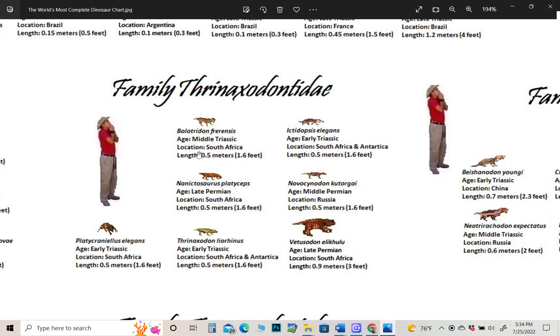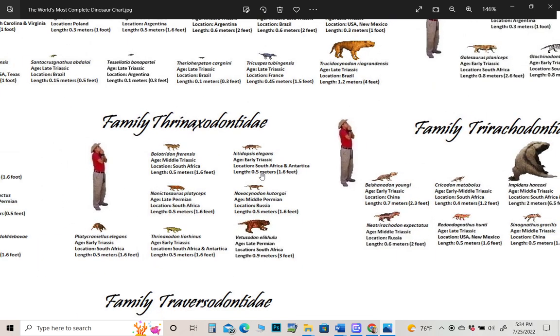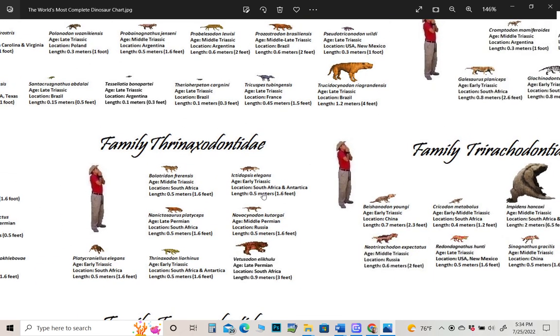The Theranaxodontids: Bolotrodon, Icthyodopsis, Nyctosaurus, Novocynodon, Platycronalius, Theranaxodon, and Vetusodon. Vetusodon, sorry.